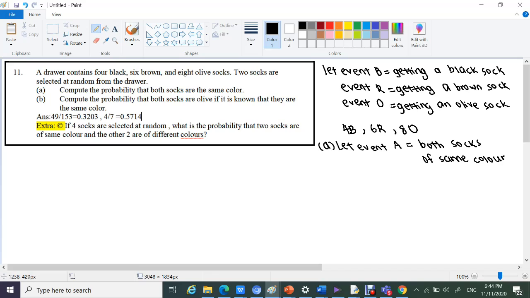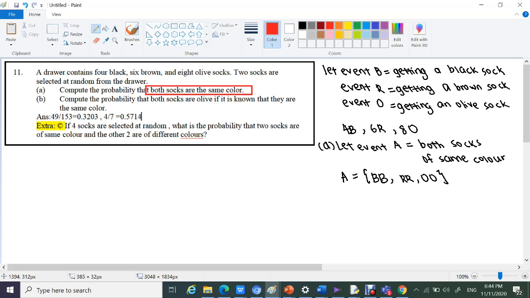So our A is equal to BB, we can either get BB, RR, or OO. This will be our sample space because we are going to get both socks of the same color.